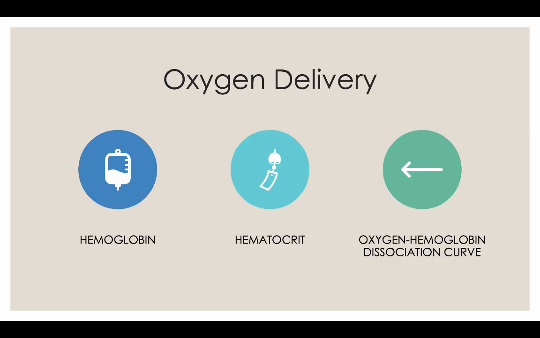We've got our hematocrit, which is a fraction of red blood cells within our total blood volume. And then we can graph out this oxygen hemoglobin dissociation curve. So how easily are those oxygens that are bound to our hemoglobins offloading into our cells for use? We've got our supply, but how easily is that supply being offloaded?